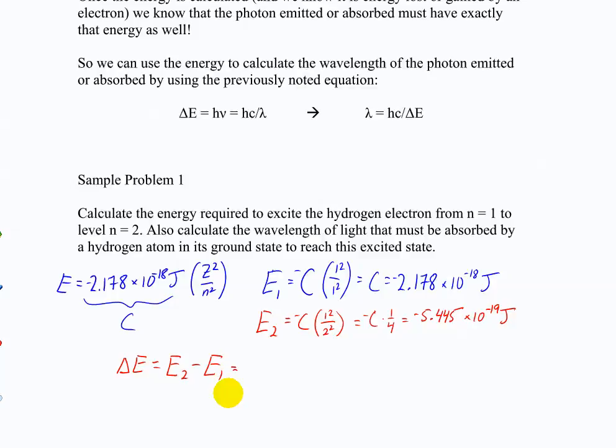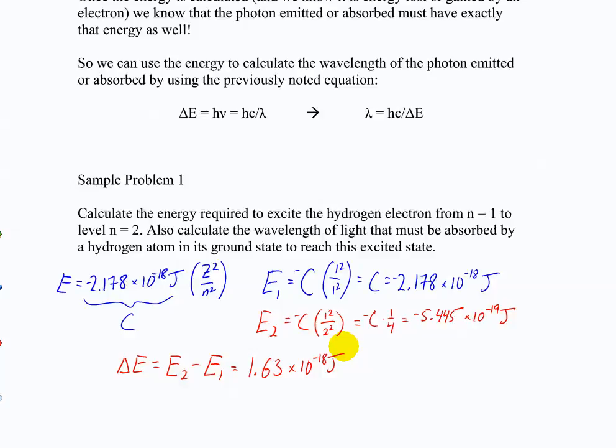That's this number minus this number. And you end up with 1.63 times 10 to the minus 18th joules. So that's the amount of energy you need to put into a hydrogen atom to excite an electron from the ground state, the n equals 1 shell, to the excited state.